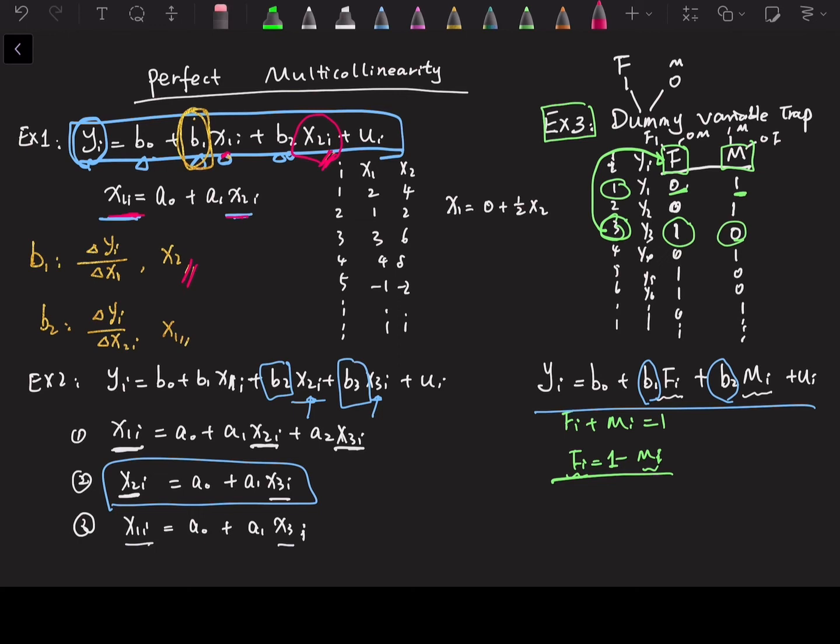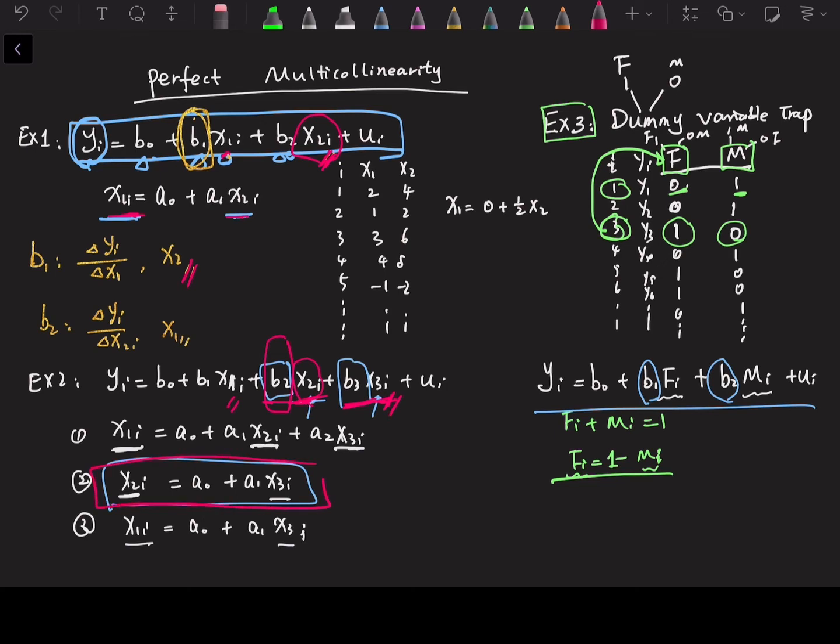Same thing: if x2 and x3 are perfectly collinear, you interpret b2 as the effect of a unit change in x2 on y once you hold all the other variables constant. x1 is held constant, but if x3 is held constant, then x2 has no change.